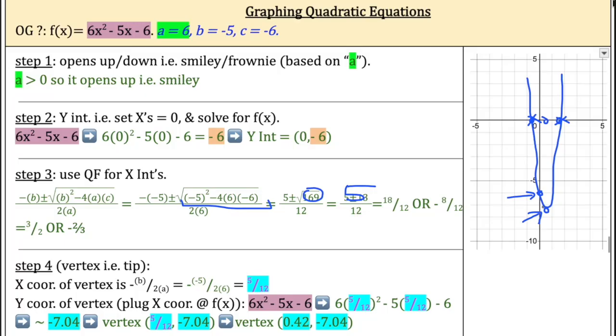Scenario one is no x-intercepts due to a negative 169 creating an imaginary situation, or scenario two, where the a's, b's, and c's produce a 0 in the root, which would make one x-intercept.